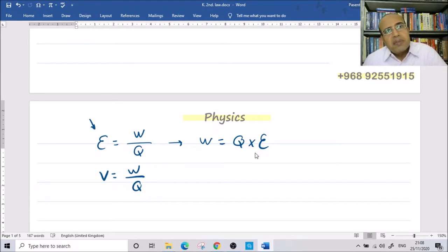But V, the potential difference, is the energy transferred from electrical to any other forms per unit charge.